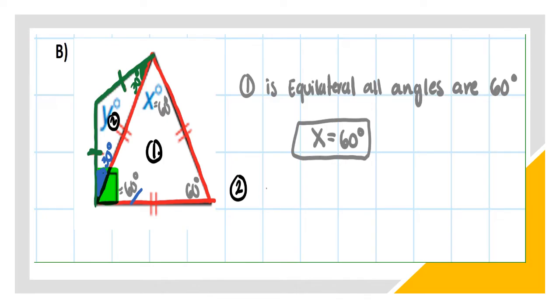To find the last angle in the second triangle, we're going to use the fact that the sum of all the angles in any triangle is equal to 180.